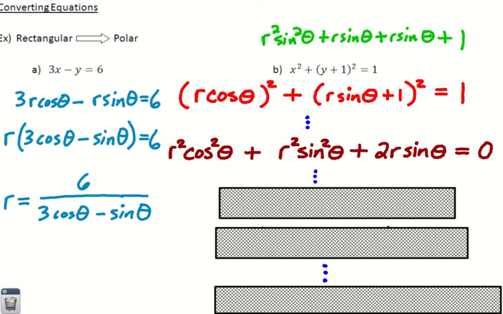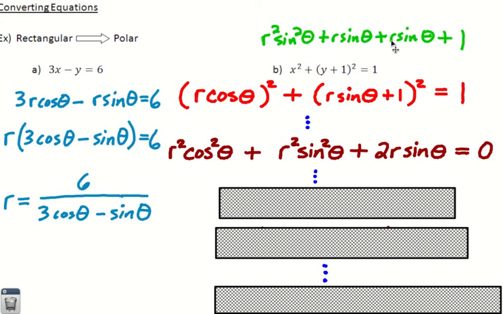So here's what I did to get to here. Obviously this just became this. That's easy. This became this. But here was the result of the FOIL. And so here's the r squared sine squared right here. But these 2 terms just combine together to become this.